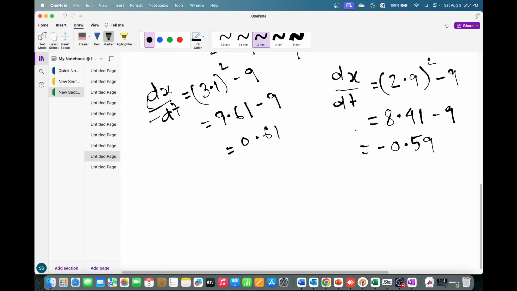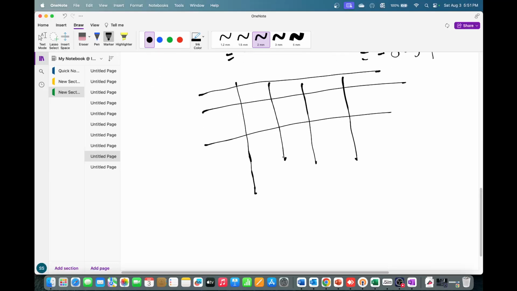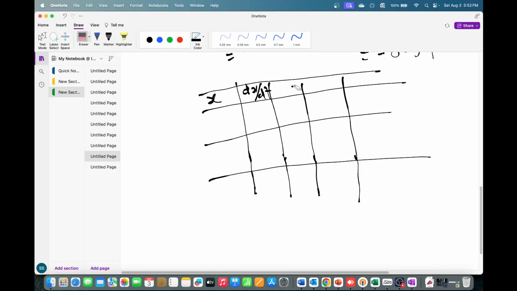Now let's check for minus 3. Do the same thing. This is your x, this is your dx/dt, this is your sign, and this is your arrow, right?